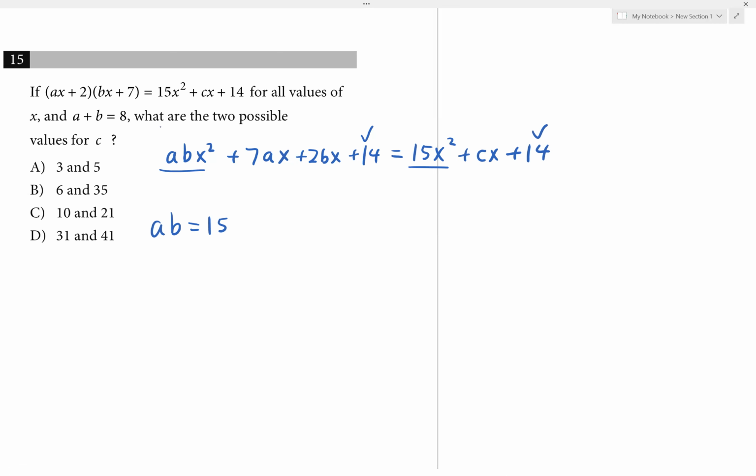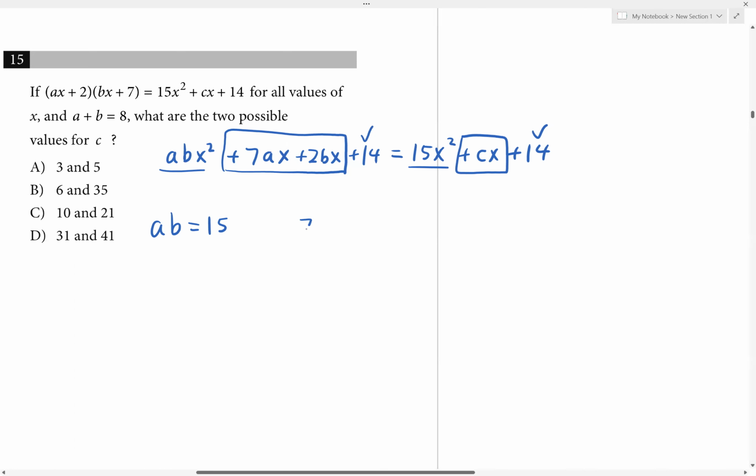And we also know, see this here, right, these two terms, the 7ax plus 2bx, and this cx here, these two should be equal because they are the x terms, and so they have to be equivalent on both sides.